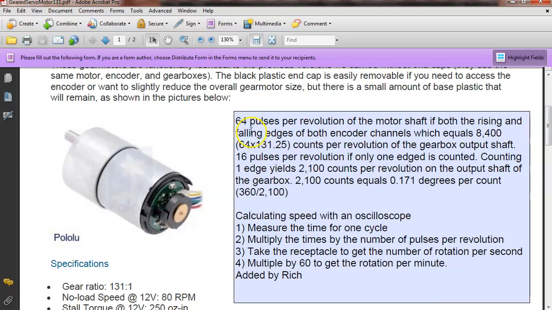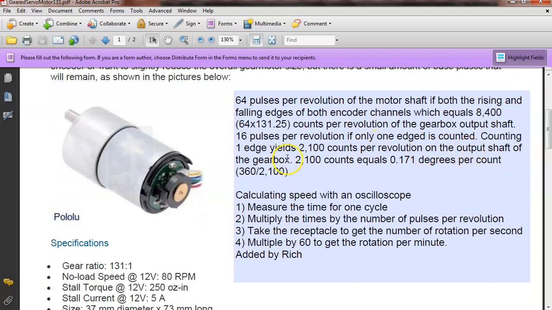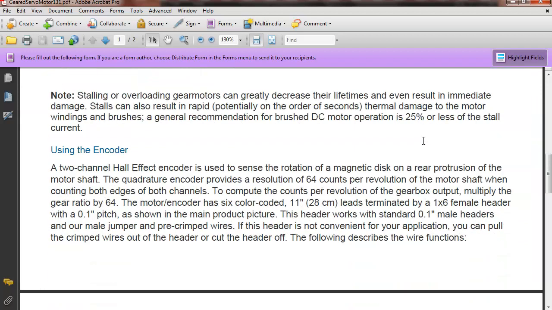We're only doing one edge, 64 pulses per revolution, and with falling edges of both encoders we'd have 8,400 pulses, but we're not counting both. So 16 pulses per revolution if one edge. Okay. Let's see if we can see the math.